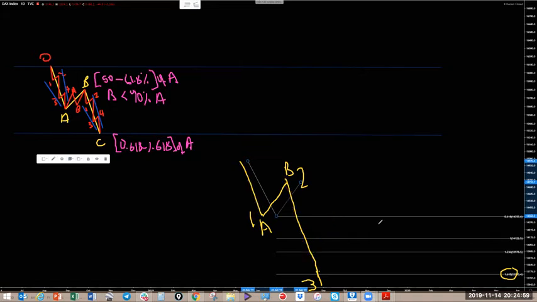But once it goes below the 1.618, we know that it has to get a 4 and a 5. Okay, so that's how we look at that. And those are the rules of a zigzag. Everybody clear?